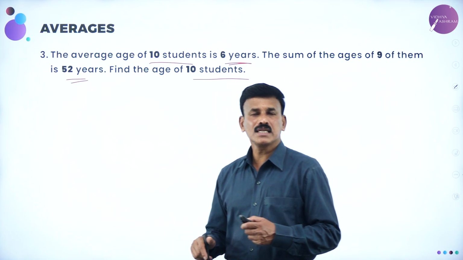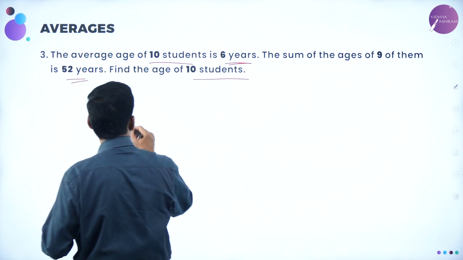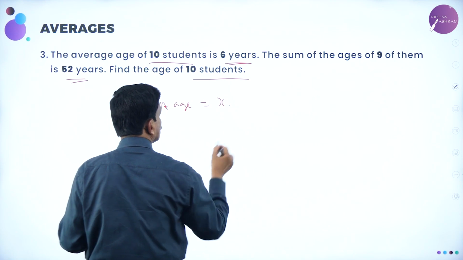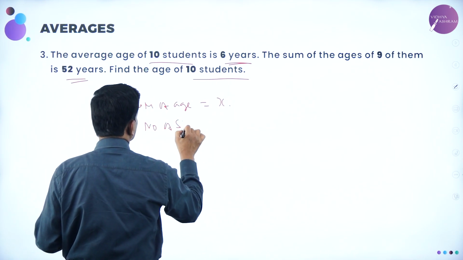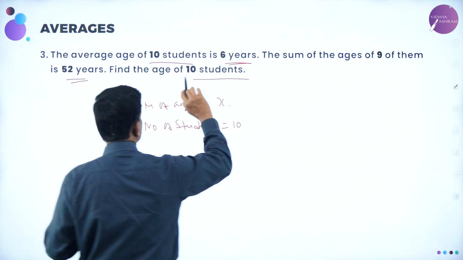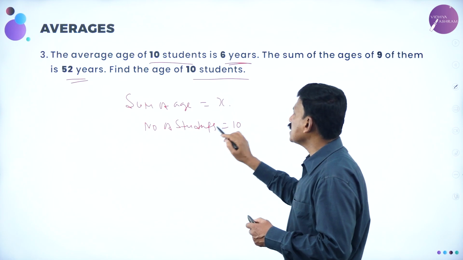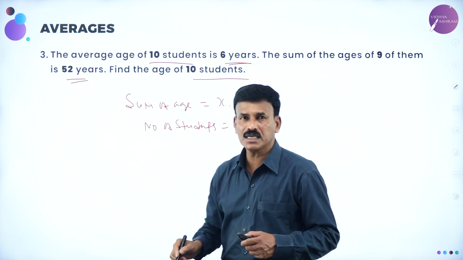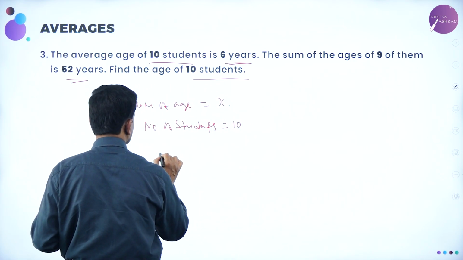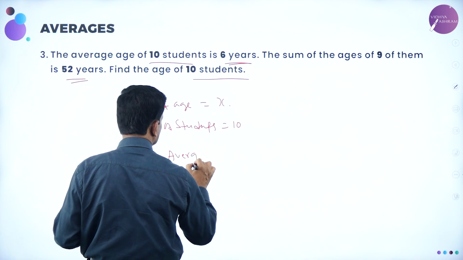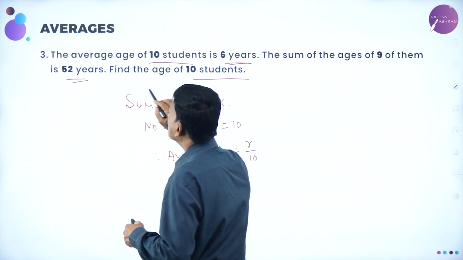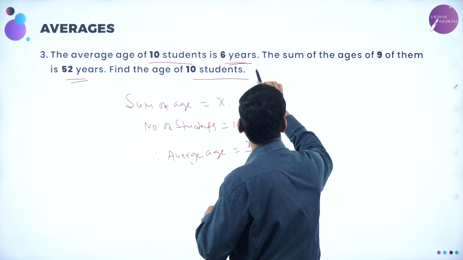Now, let us consider that the sum of the ages of 10 students is equal to x. The number of students is equal to 10. So the sum of the ages of 10 students is x and the number of students is 10, right? Therefore the average age is equal to x by 10, but it is given that the average age is 6 years.